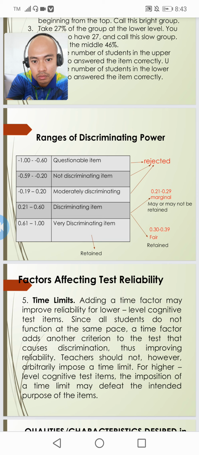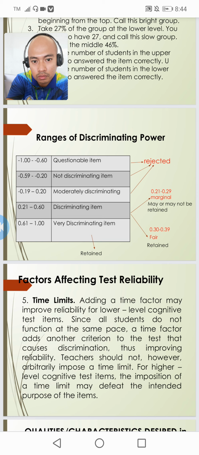So there will be 3 possible scenarios. If the items will fall from 0.21 to 0.29, I repeat, whether we will automatically reject it, or we can revise it, or maybe we can also retain it. So ganun lang yung gagawin natin on that particular interval. So take note on that.